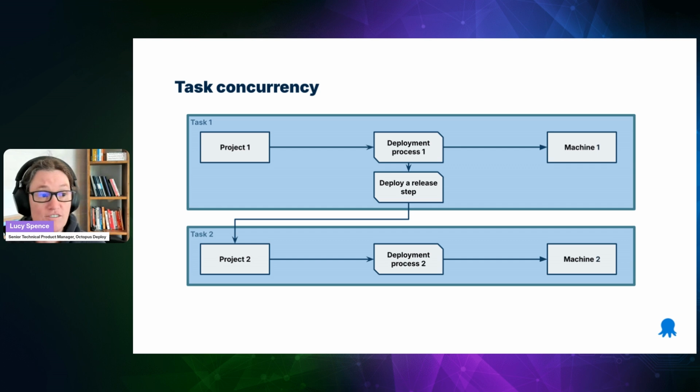There are some really good reasons for using this. There are a couple of caveats though. If you end up doing this in combination with tenants and you have multiple levels of deploy a release step, you can generate an awful lot of tasks very quickly. And then depending on your task cap, you might struggle to get through all of those. So there is a point where you can end up with too much parallelization.